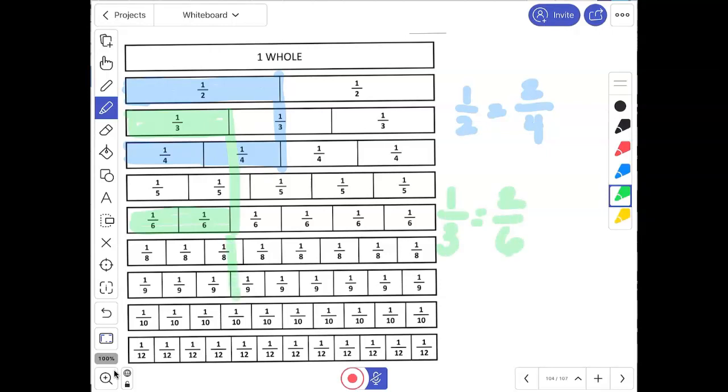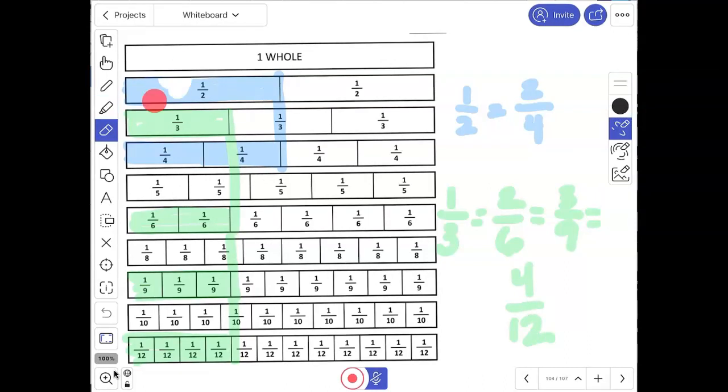Oop, looks like 3/9. They're all the same. What else? Bet there's another one. How about 4/12? They're the same. All of those fractions are equivalent. Let's look at some more.